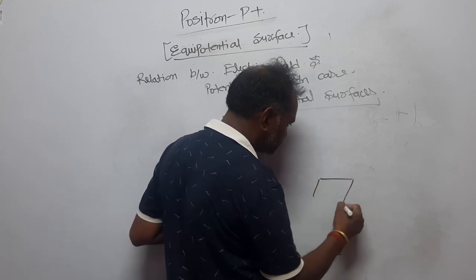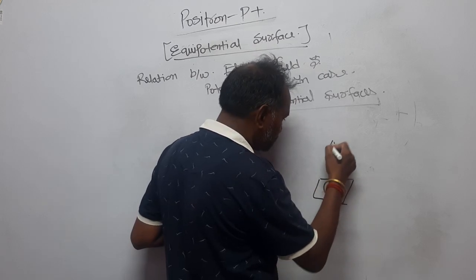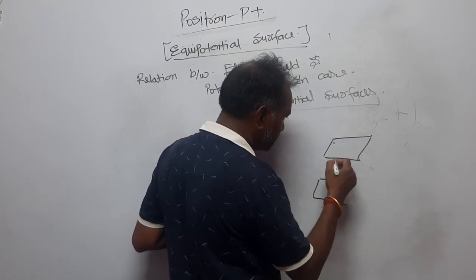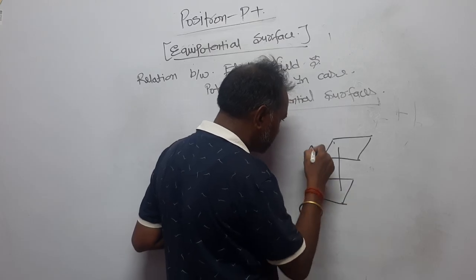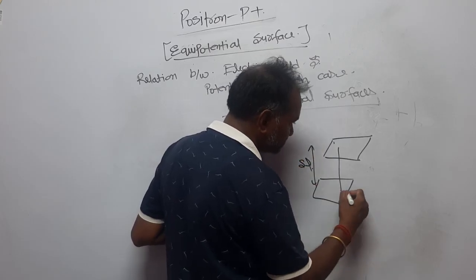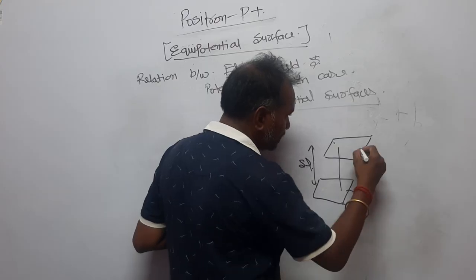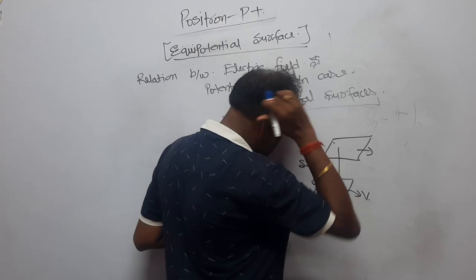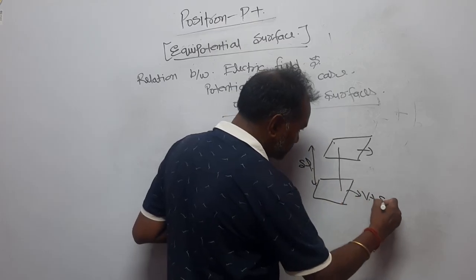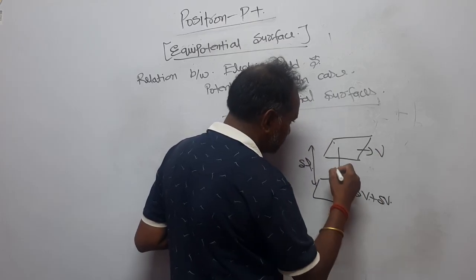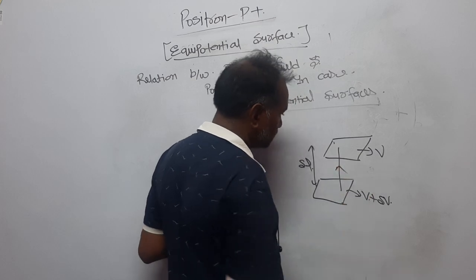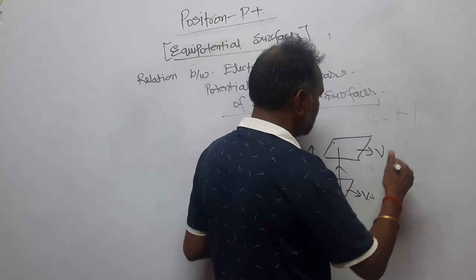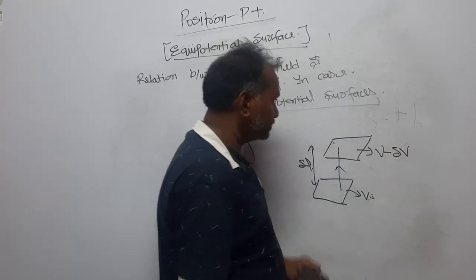Let two equipotential surfaces be considered, and they are del L distance away. This has the potential V at each point, and this has V plus del V, or you can say it is V, then it has V minus del V, right?